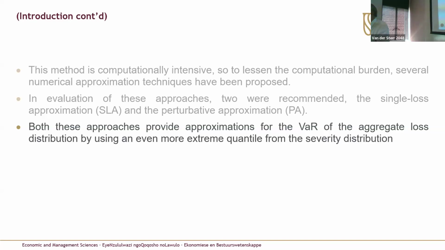So instead of getting the quantile of the aggregate loss, you get the quantile of the severity distribution. The problem is you move from a very high quantile to a very, very high quantile. So whereas you need it at 99.9, you now go much further in the tail than that. So it's taking you far away from where you have a lot of data.